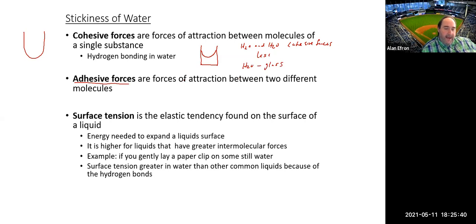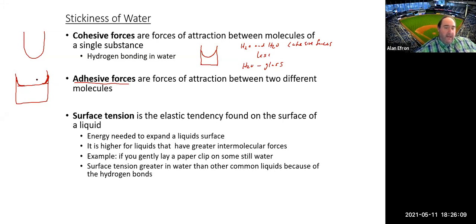As we put a liquid into a glass container, there are some attractive forces between the water and the water, but there's a stronger attractive force between the container and the liquid. Because of that adhesive force, we see the liquid rise up on the sides of the container, creating the meniscus.